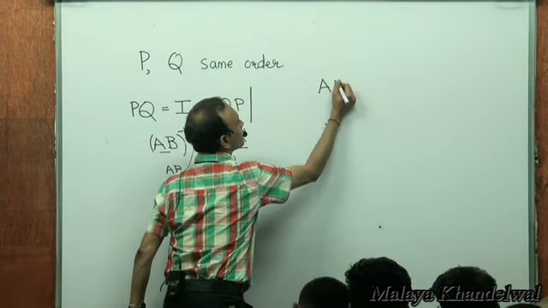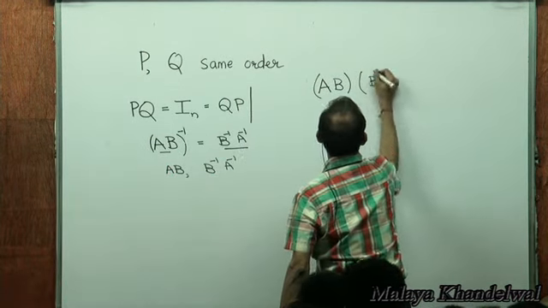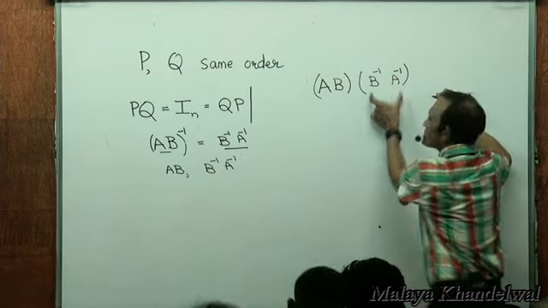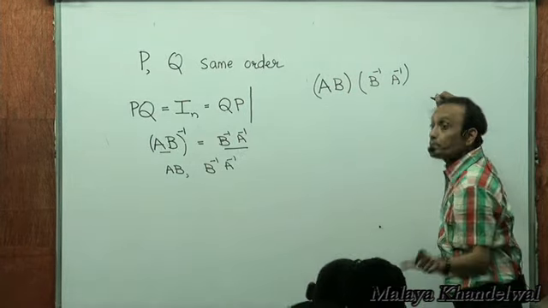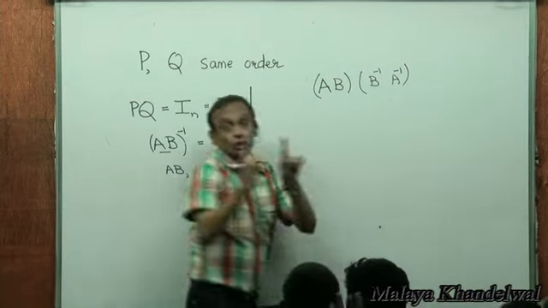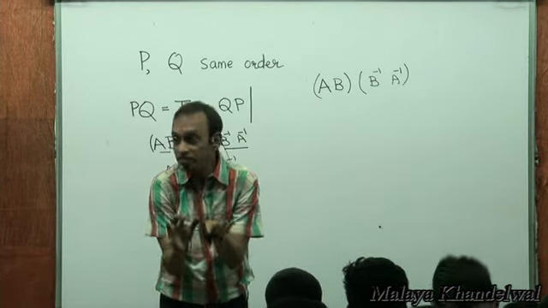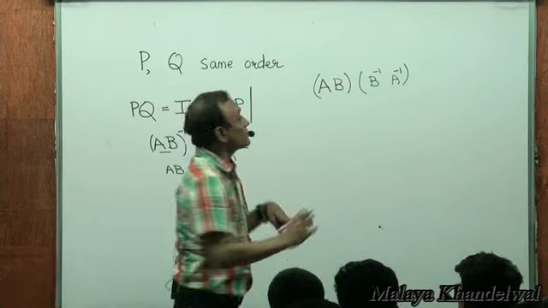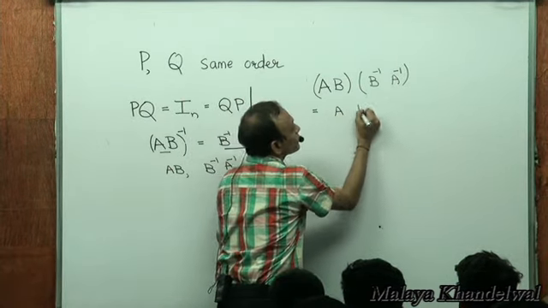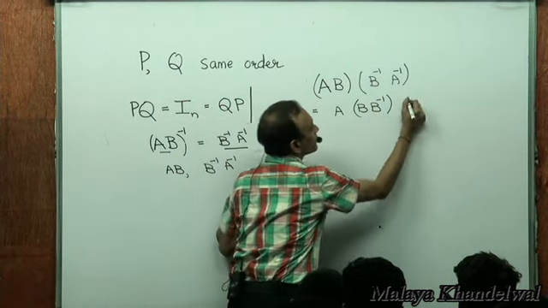AB into B inverse A inverse. For these two matrices to be inverses of each other, their product must be an identity matrix. Right? Now, in multiplication, the rule of associativity holds, right? So I could rearrange this as A into B B inverse, A inverse.